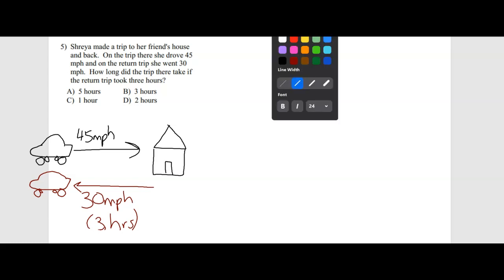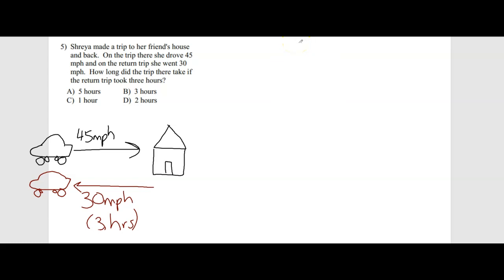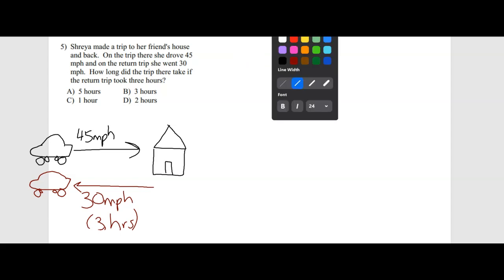So we can actually set up an equation here. Let's set it up like this actually.